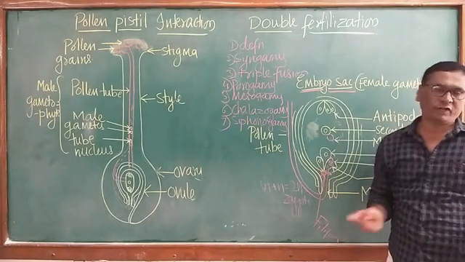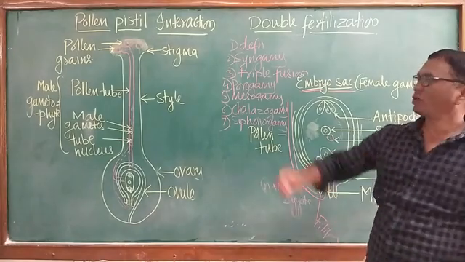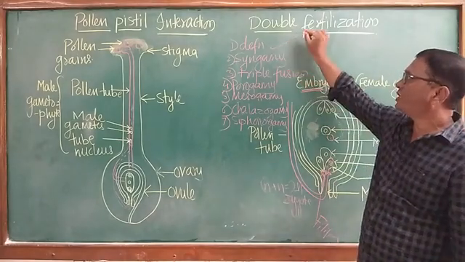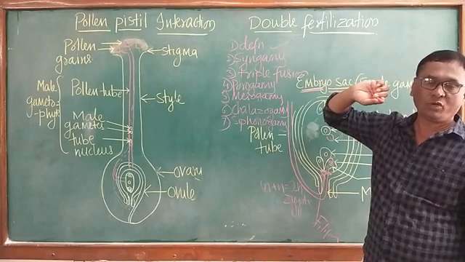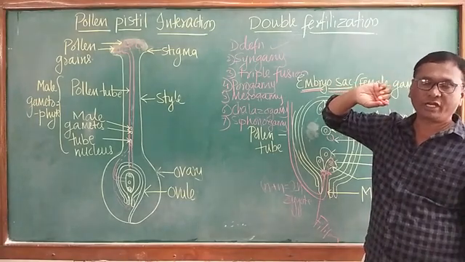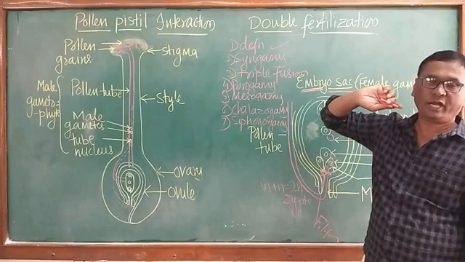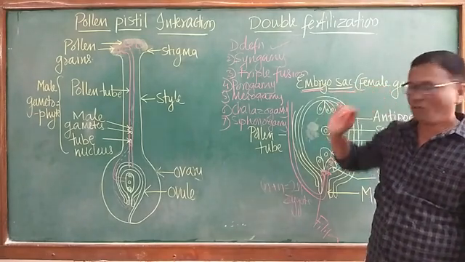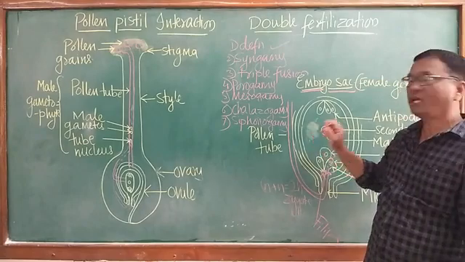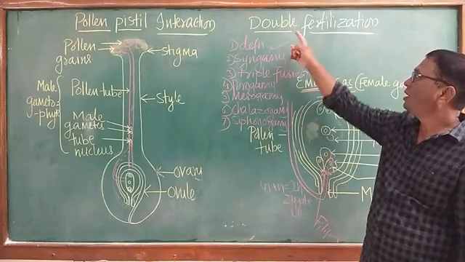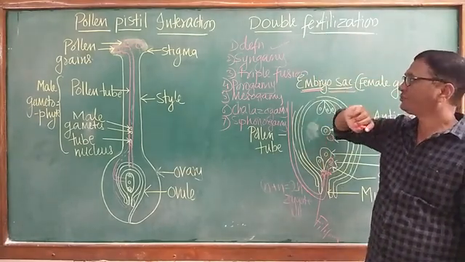In the process of double fertilization, what we have to remember here is, first, the definition: two male gametes fertilize at two different places, one with the egg, another with the secondary nucleus, hence called double fertilization.